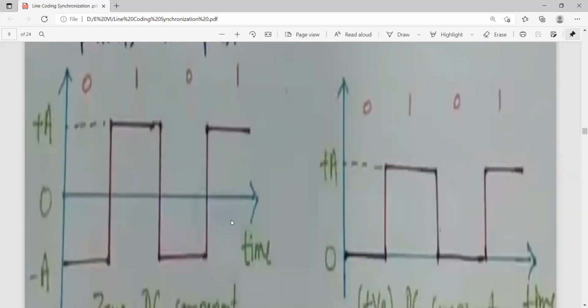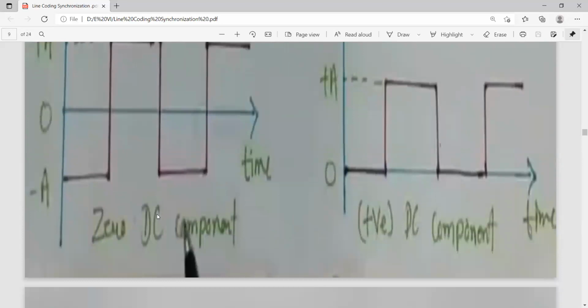Let us see. Here it is a three level signal: plus voltage, minus voltage, and zero. Here it is zero DC component, no zero level is passing through this signal.